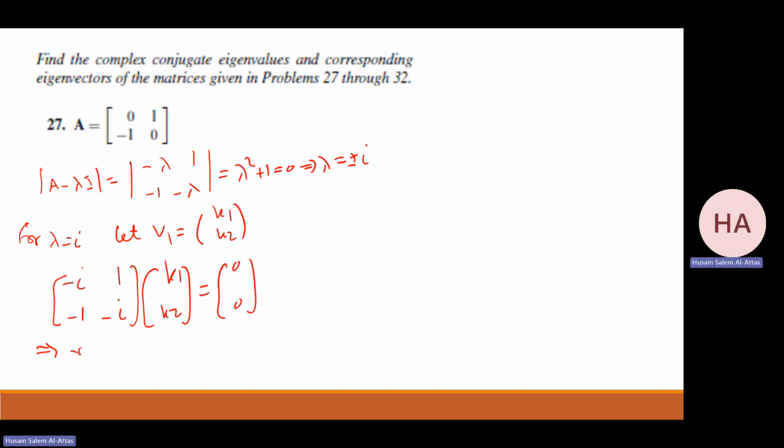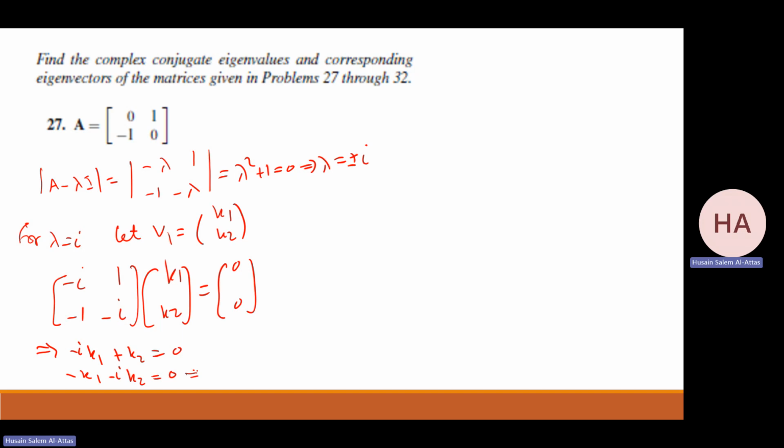So I have minus i K1 plus K2 equals 0, and minus K1 minus i K2 equals 0. I noticed these two equations are the same. If you multiply the second one by i, you get minus i, and minus i times i is minus i squared, which is minus times minus 1, which is 1.